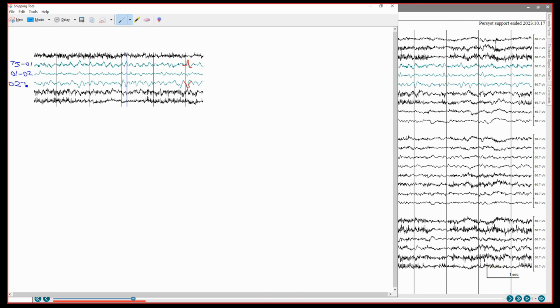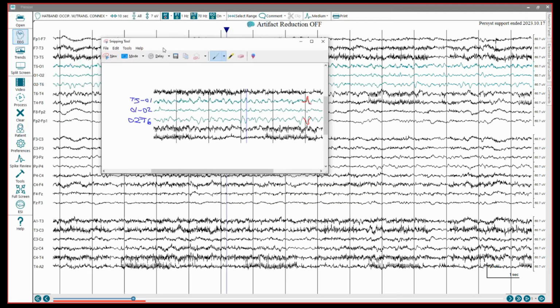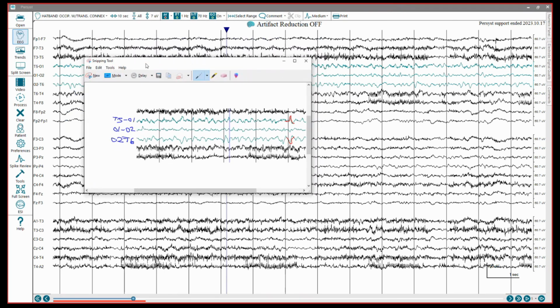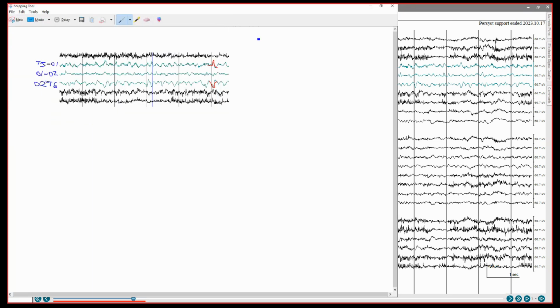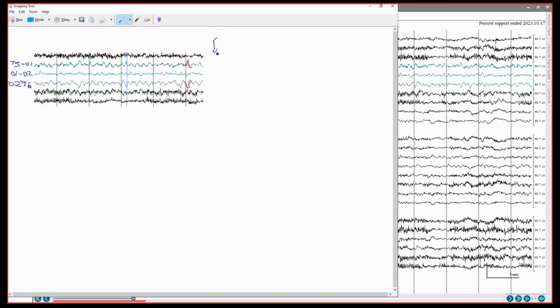So since posts are positive, or they have a prominent positive component, right at this moment in time, right there, there's an upward deflection.